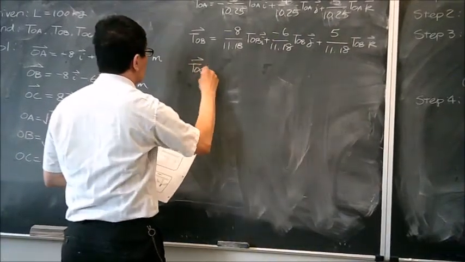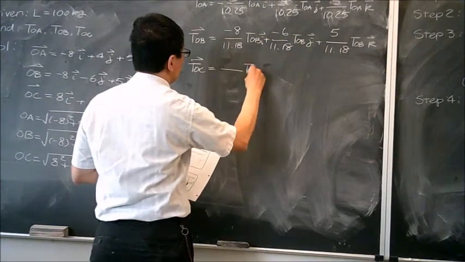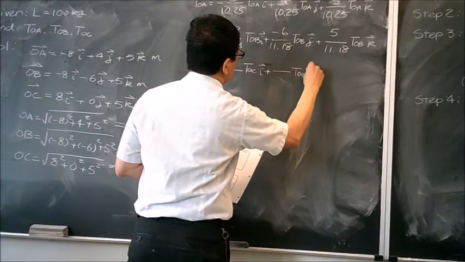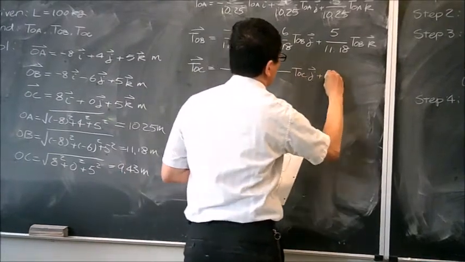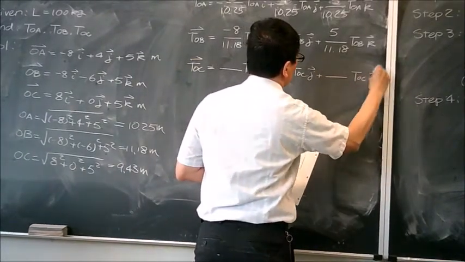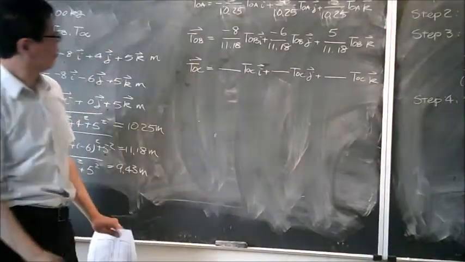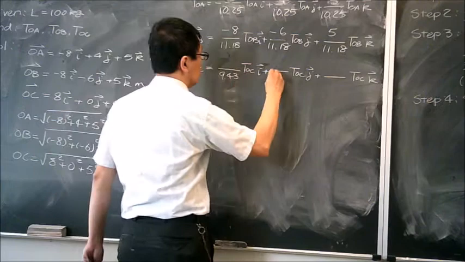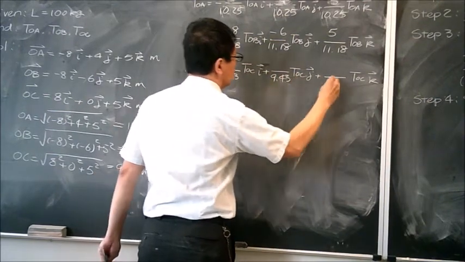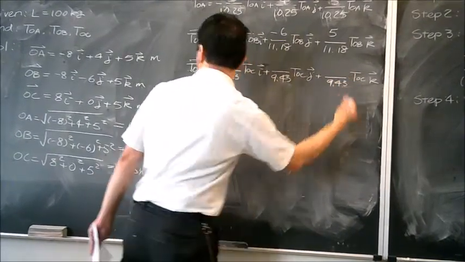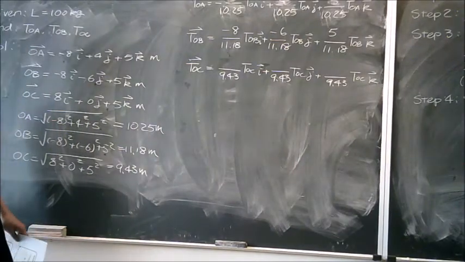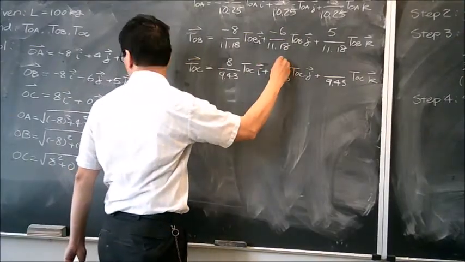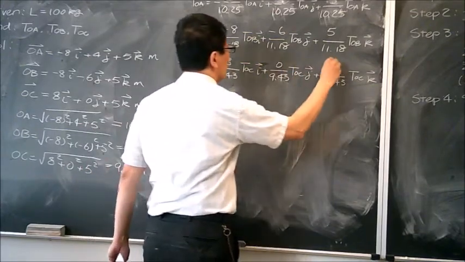The POC is the same. The total length is 9.43, and the vector is 8, 0, 5.